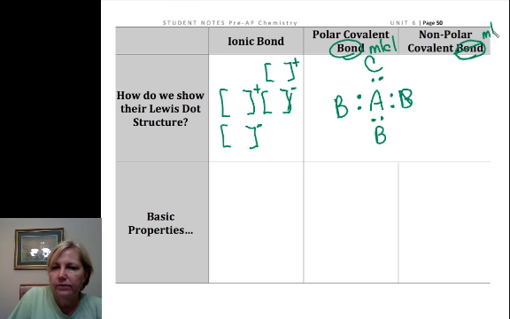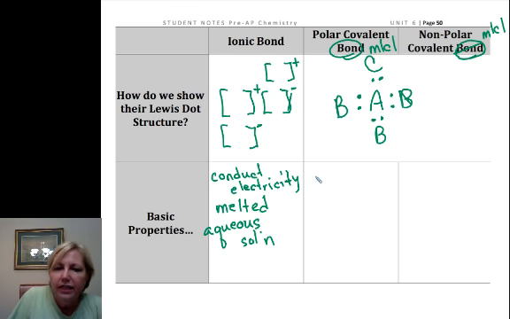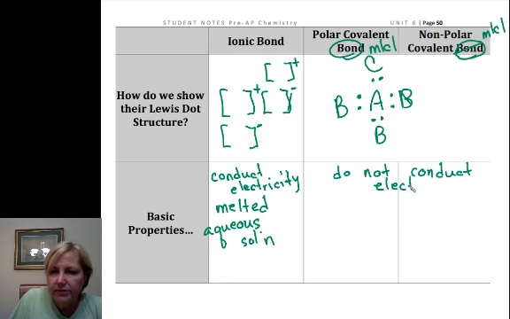Basic properties. These conduct electricity if they're in a molten state, or if they're dissolved in an aqueous solution. Here, these do not ever conduct electricity.